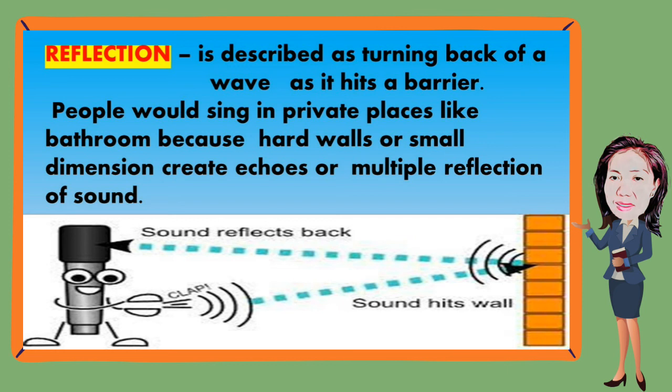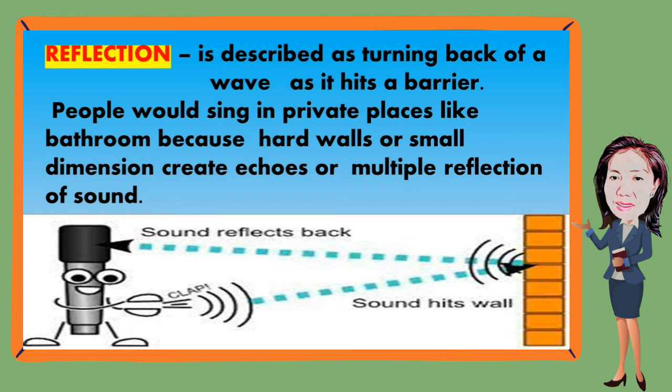Meaning, it bounced back. If you shout, for example, in the middle of a hill, for example mountains or in the forest, what happens is the sound will hit the mountains and trees. Usually the mountains are solid. So it will bounce back and we notice that something seems to repeat what you said, an echo.